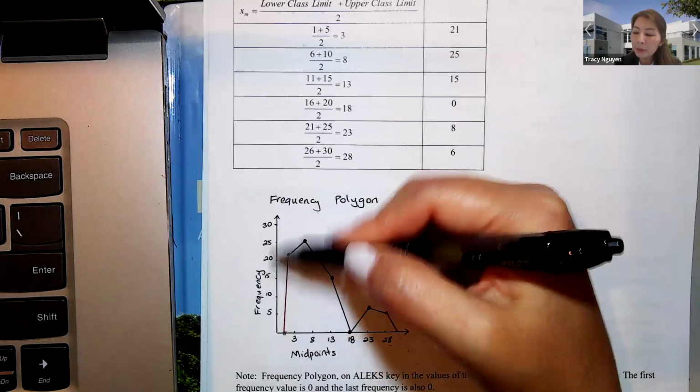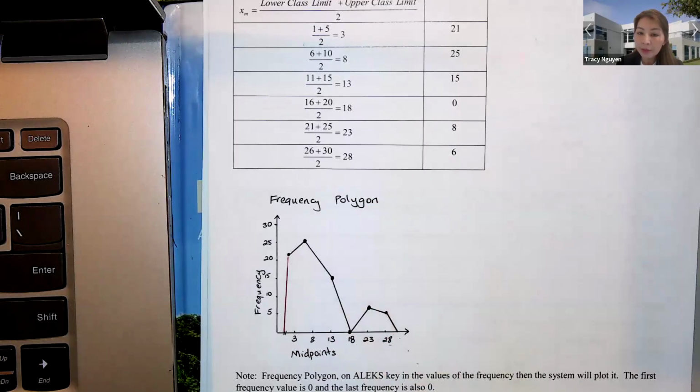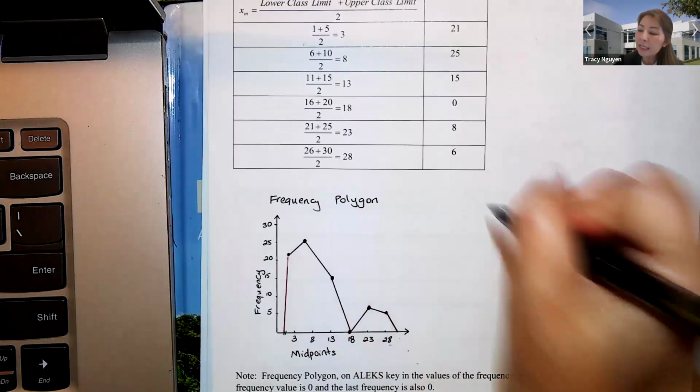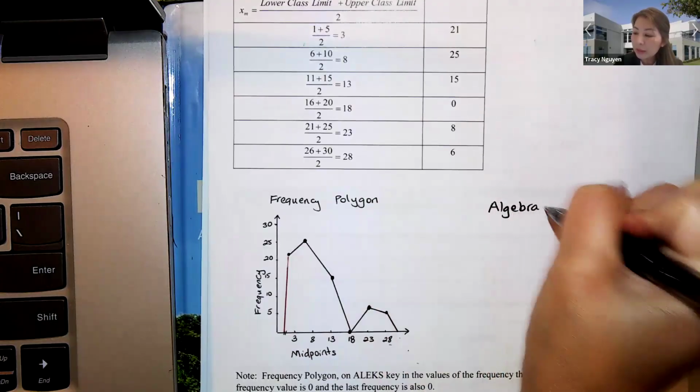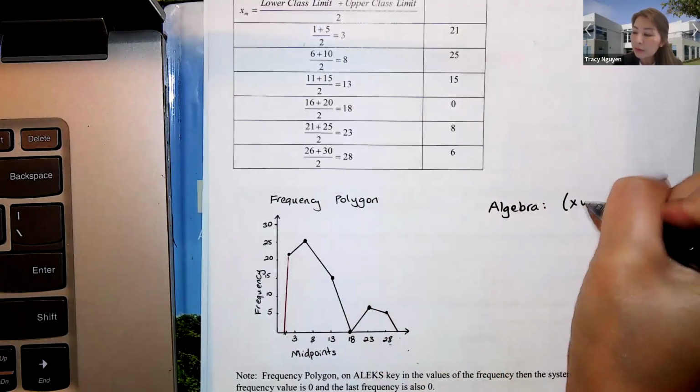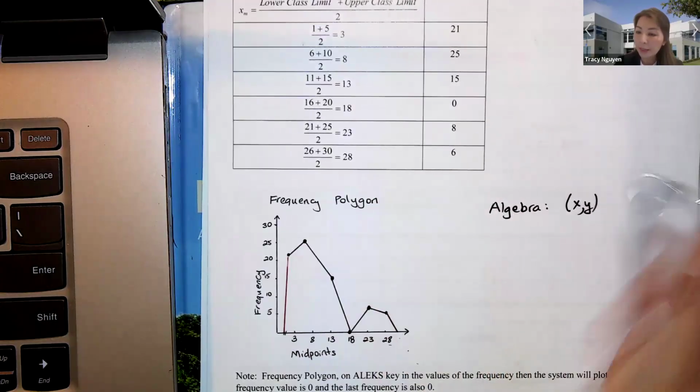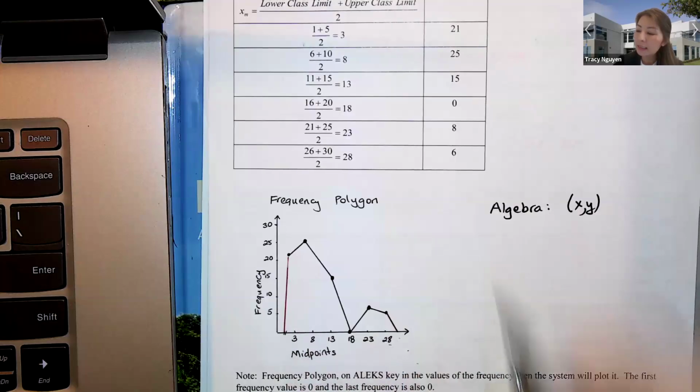Now the frequency, I'm going to use it by 5 as well. So in algebra, when you graph it on a Cartesian plane, you graph it as x comma y. So now our x-axis is being replaced by the midpoint.